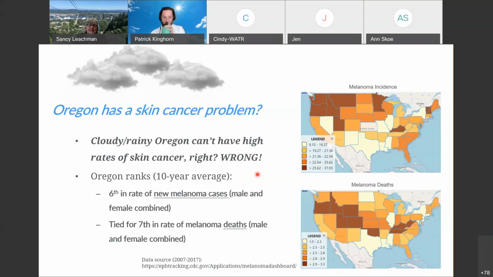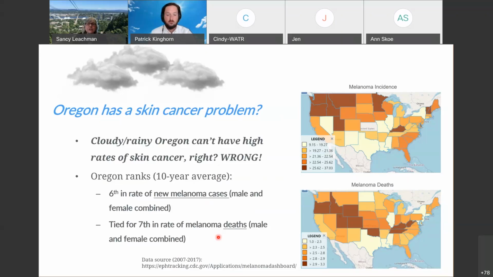Of course it does. This is some of the latest statistics that just came out in response to May being Melanoma Awareness Month. It just came out last week from the CDC, and here's the data source. This is really nice because it's a full 10 years' worth of data, so it's not just one year and a fluke.